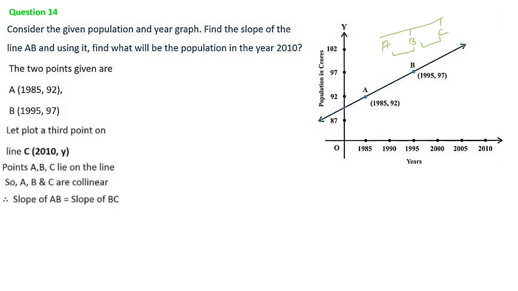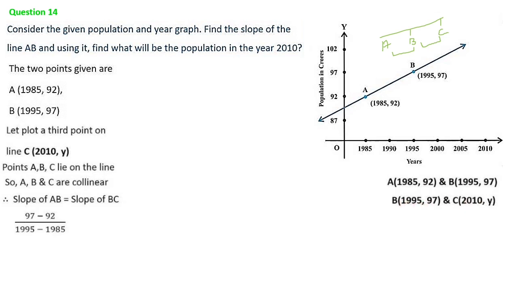Slope of AB is Y2 minus Y1, 97 minus 92 divided by 1995 minus 1985, equal to the slope of BC, y minus 97 divided by 2010 minus 1995. Then 97 minus 92 is 5, 1995 minus 1985 is 10, equal to y minus 97 divided by 2010 minus 1995, which is 15.